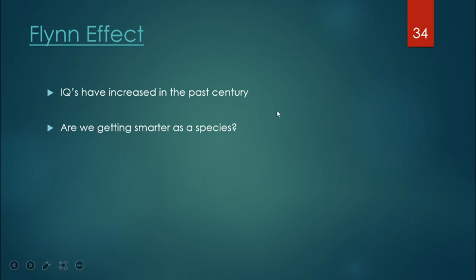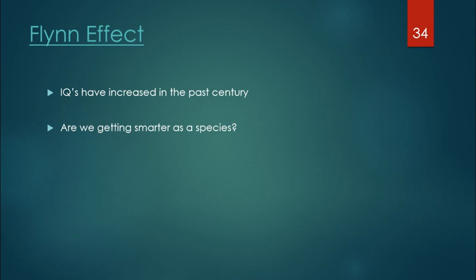All right, now I do want to talk about the Flynn effect. The Flynn effect is named after James Flynn, and he noticed that IQ scores have been increasing over the past century. That's not to say that the normal distribution is changing, it's just that our IQ tests have had to get harder and harder to keep that average at 100.